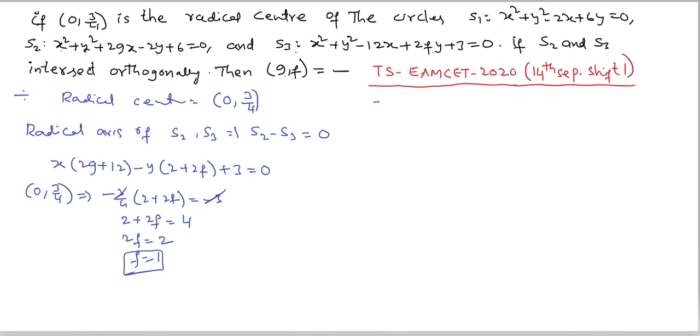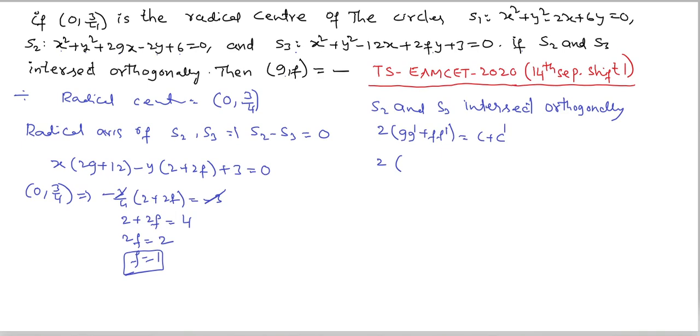And the circles S2 and S3 intersect orthogonally. Orthogonally means 2 into g g dash plus f f dash is equal to c plus c dash. 2 into g value, that is g, and g dash, that is minus 6, plus f is 1, and f dash, f is equal to c plus 3, that is 9.